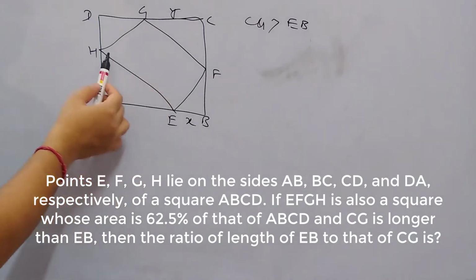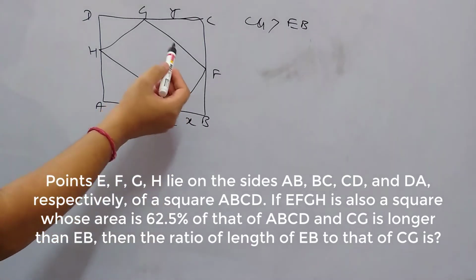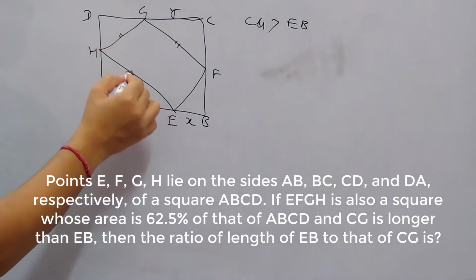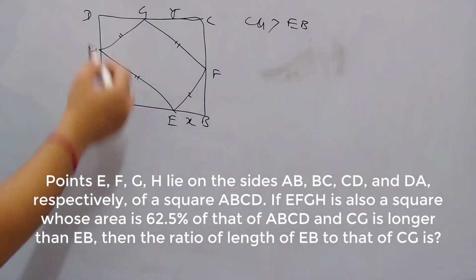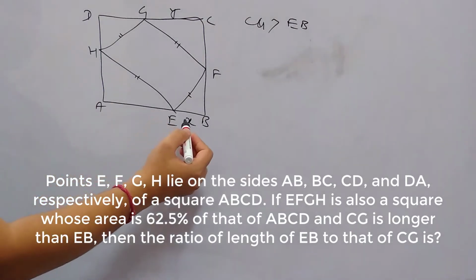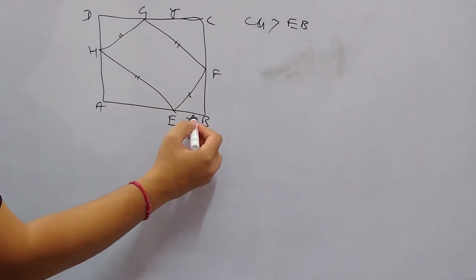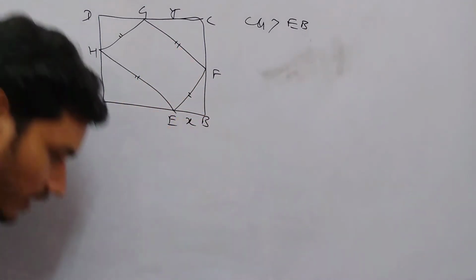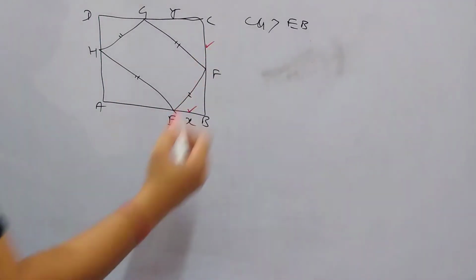Because the inner lines are also making a square, all four sides will be the same. And ABCD is also a square, so AB, BC, CD and DA are also the same. So if this is X and this is Y, then this side, let me highlight in red, will be equal to this.